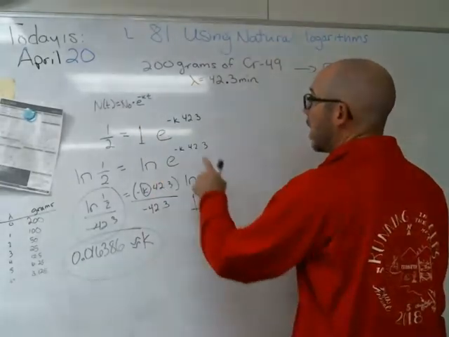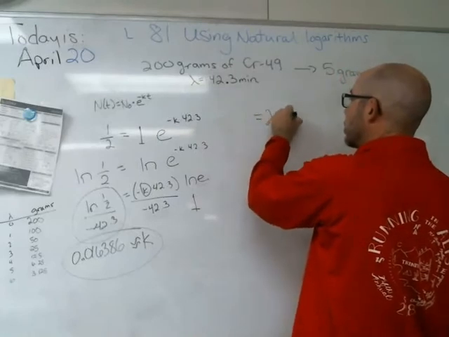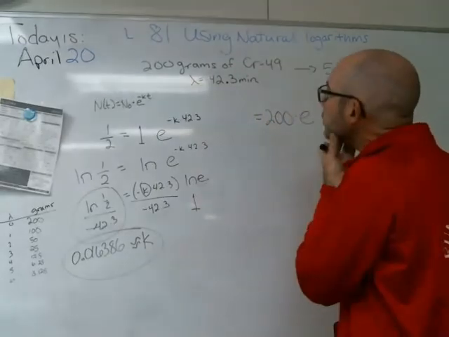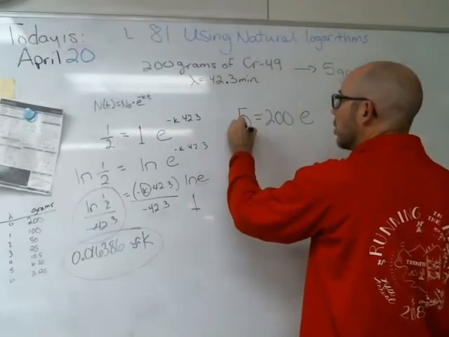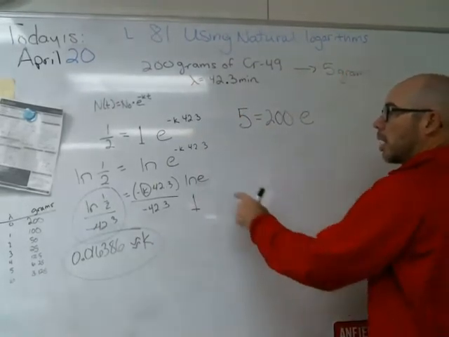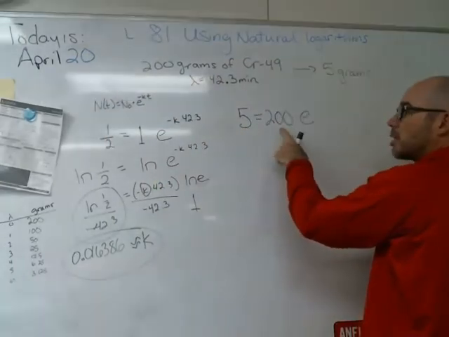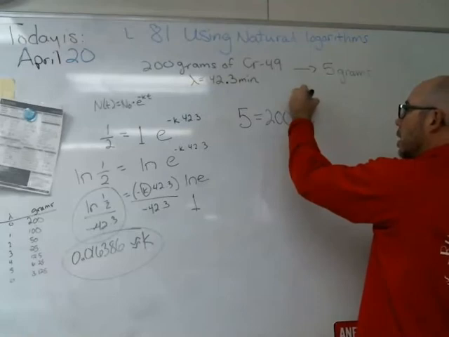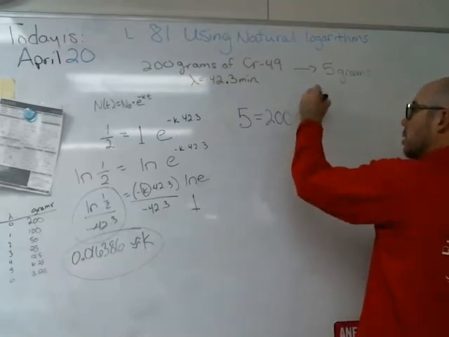So now, the actual problem. I start off with 200 grams. I want to know how long it's going to take for me to get down to 5 grams. N of t is 5. I just don't know what t is. I know how much I started with, and there's e, and here's my decay rate.